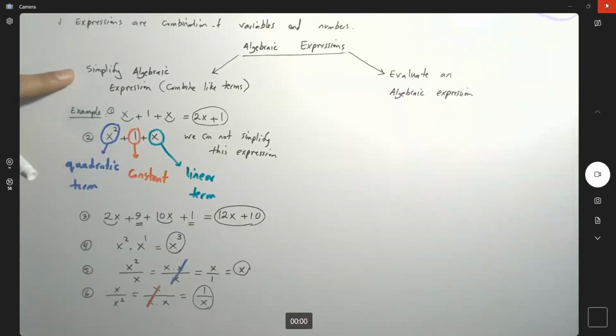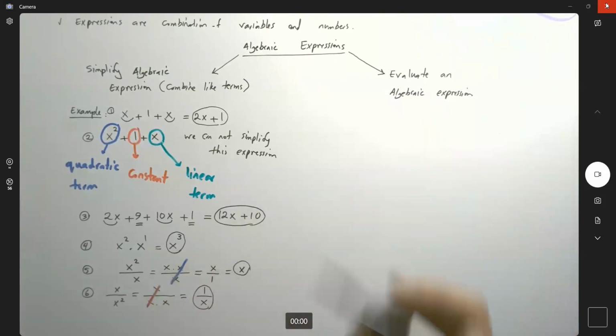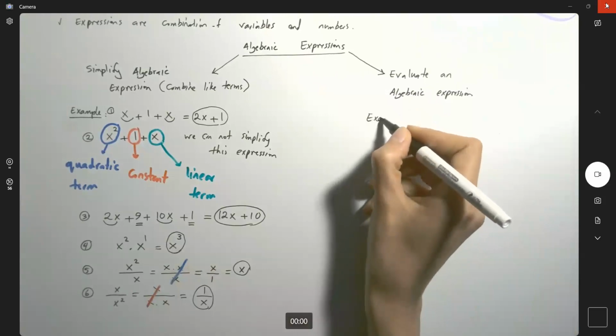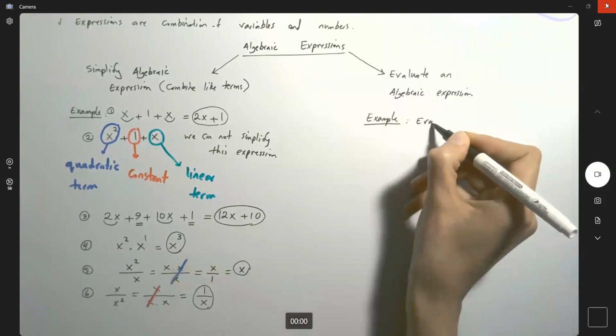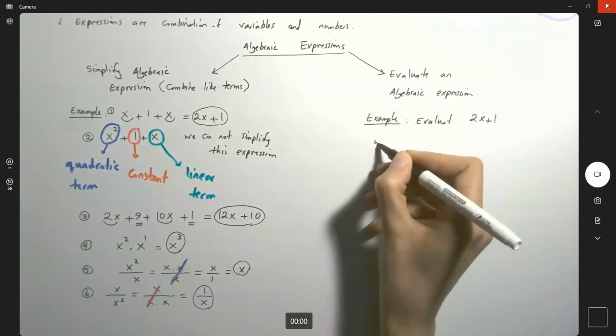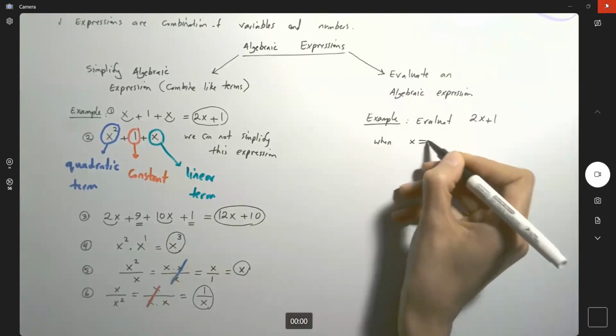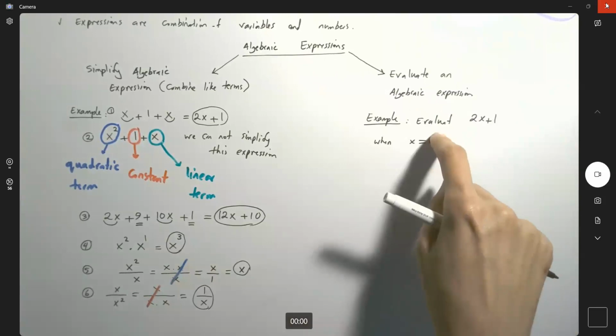So, simplify algebraic expressions. What if I ask you to evaluate an algebraic expression? For example, I say, evaluate 2x plus 1 when x is equal to 0. What's the meaning of evaluating?